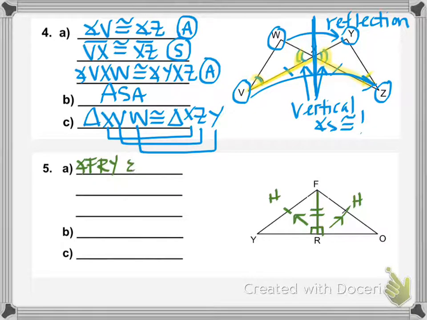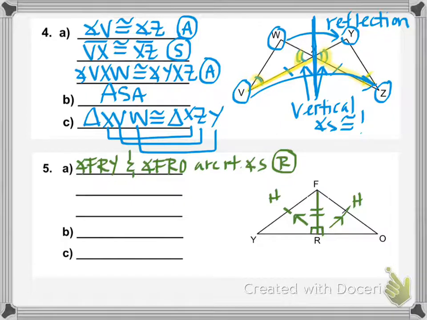I'm just going to say that they're both right angles. The right angle R on the right we could call angle FRO or ORF. So you're going to say these 2 angles are right angles. That's all you have to say. Off to the side, I like to put an R for right angles, and that helps me remember that I have a right triangle and could use HL.